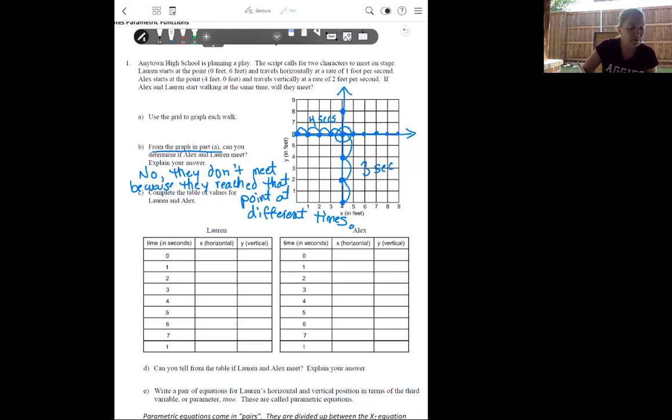So when time is 0, Lauren started at a position of 0, 6. After 1 second, she then moved 1 foot, so 1, 6. At 2 seconds, she moved another foot, so 2, 6, and then 3, 6, 4, 6, 5, 6, 6, 6, and 7, 6.